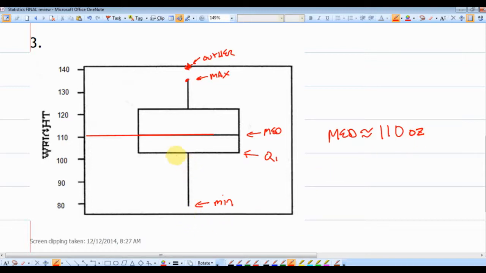They'll always be separated. They'll always end up as a little box or an asterisk outside there. So that would be an outlier on the low side. So maybe this right here, it says max. What it really should say is the maximum non-outlier. And this right here is going to be the minimum non-outlier.